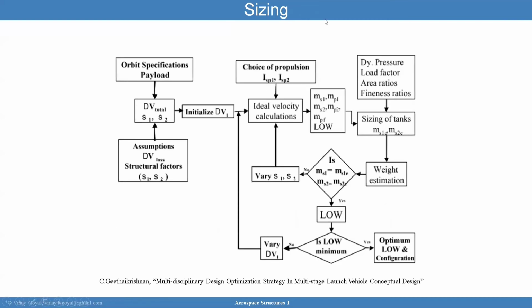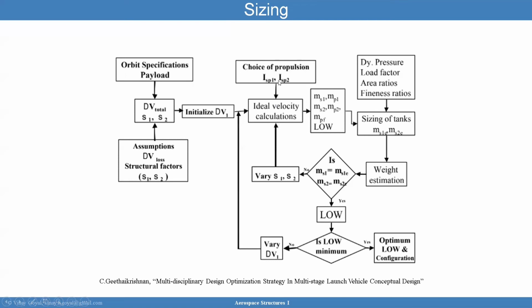Here's a more comprehensive calculation for the sizing process. You start with the orbit specs, then you calculate delta V total, and you want to allocate some to stage one and stage two. Remember that there are some delta V losses associated with drag and gravity. When you put this together, you initialize this value of delta V, and then you calculate the ideal velocities.